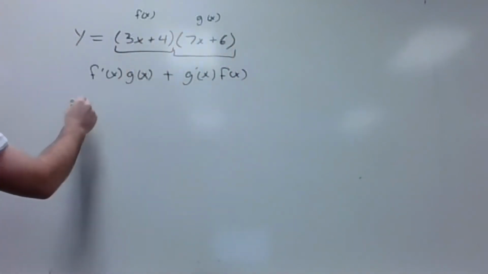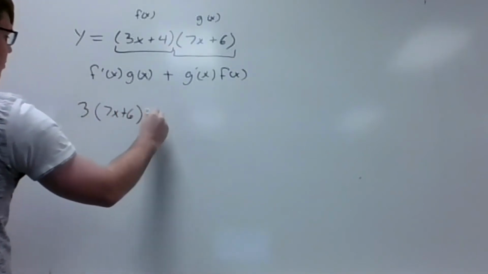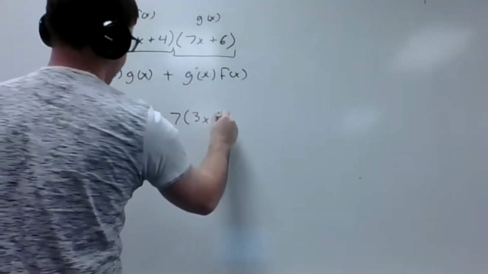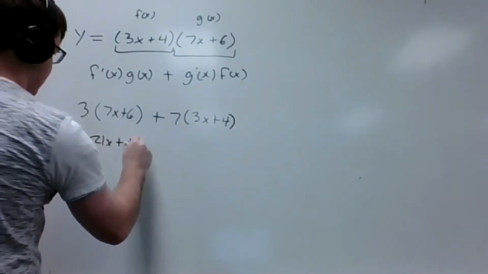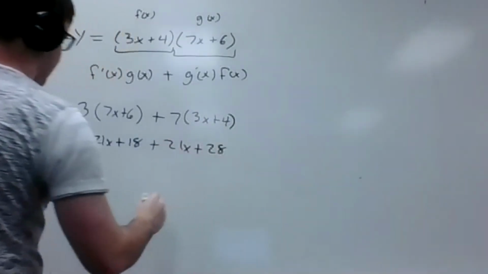So then we just end up with a 3 times 7x plus 6, plus 7 times 3x plus 4. And we could simplify that and make this a 21x plus 18 plus 21x plus 28.